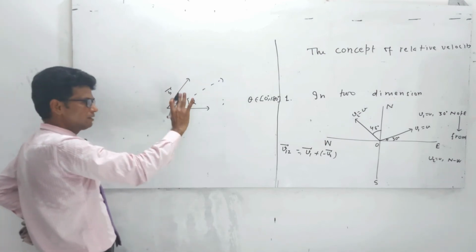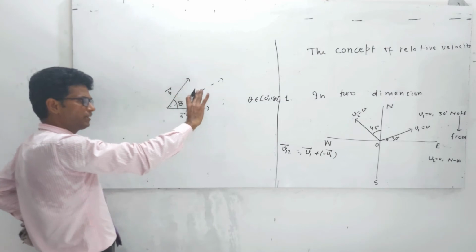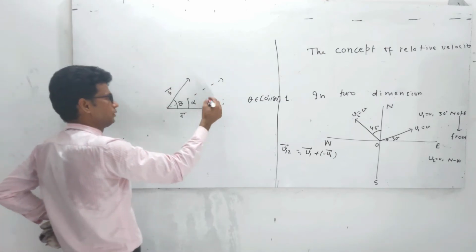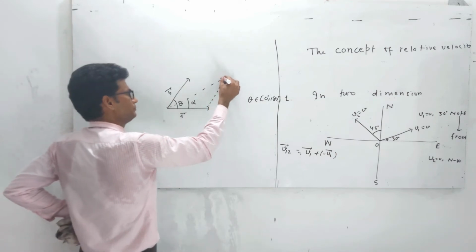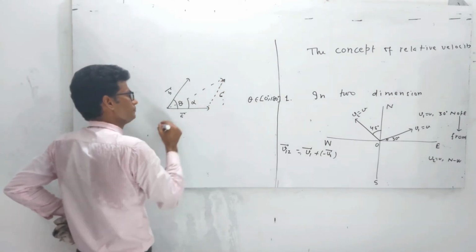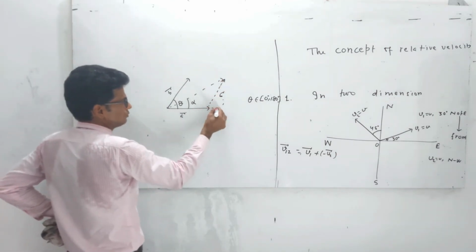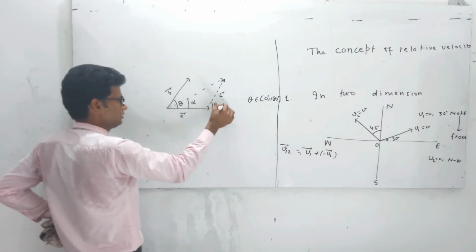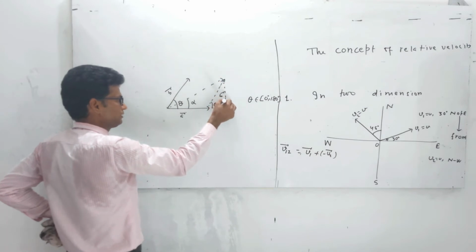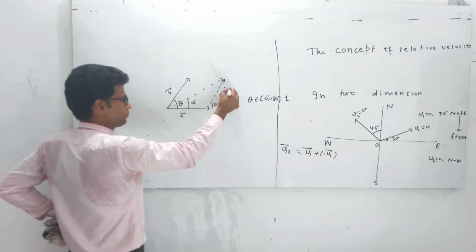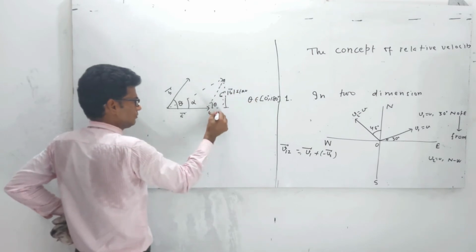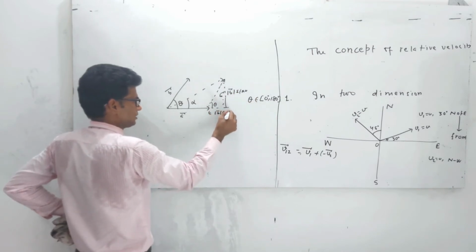If a vector is free, then we may translate it parallel to itself without altering its magnitude and direction. This is vector B. These two are parallel and this one is transversal, so this angle is also theta. Draw a perpendicular from here. This comes out to be mod B sin theta and this comes out to be mod B cos theta.